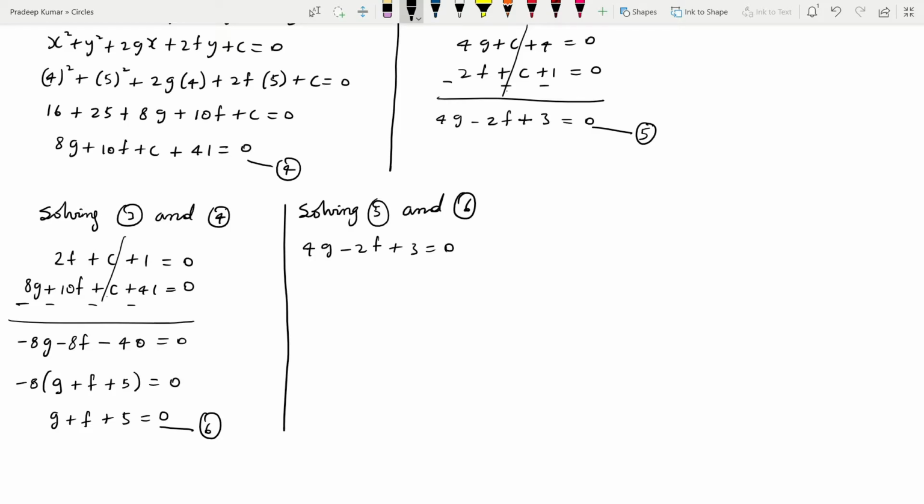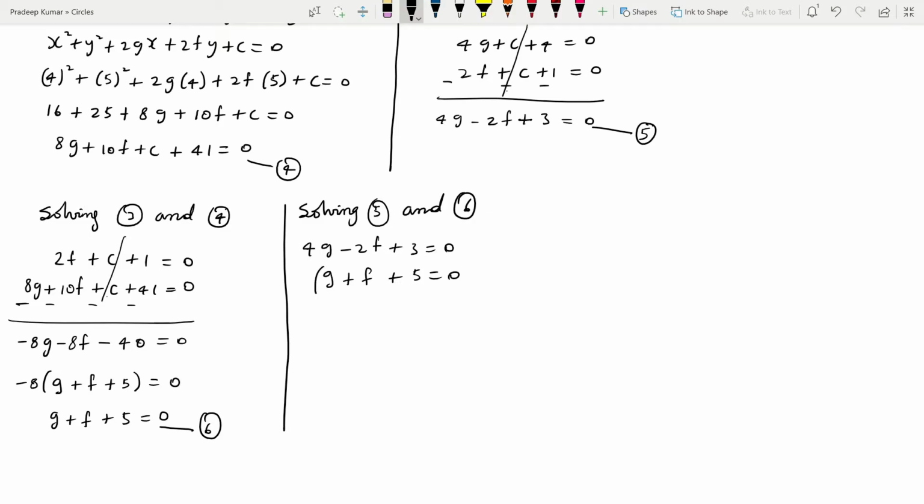The next equation is equation 6, this one: g plus f plus 5 equal to 0. If we have to solve these equations, at least one variable should be the same, so that we could cancel that and get the other variable.